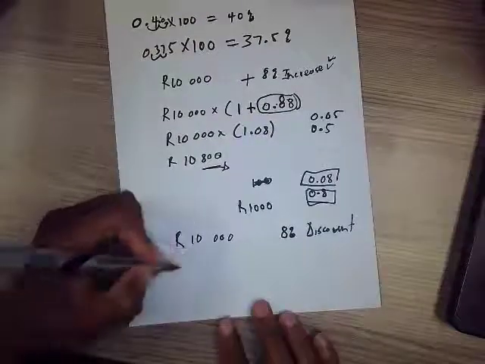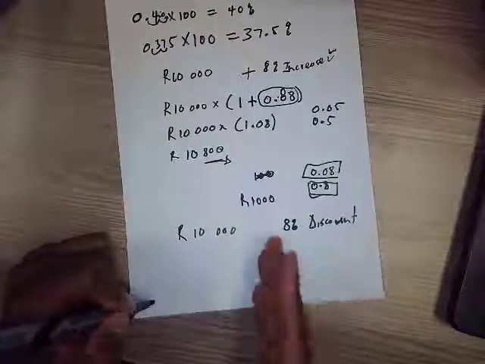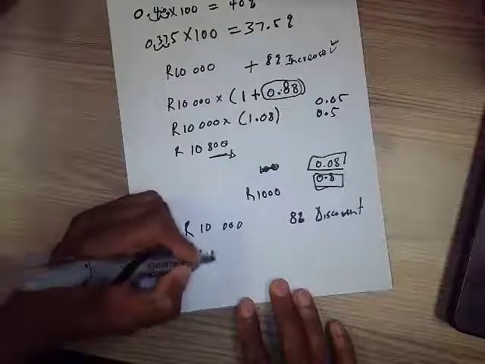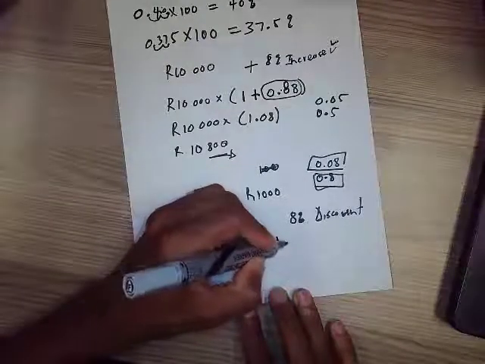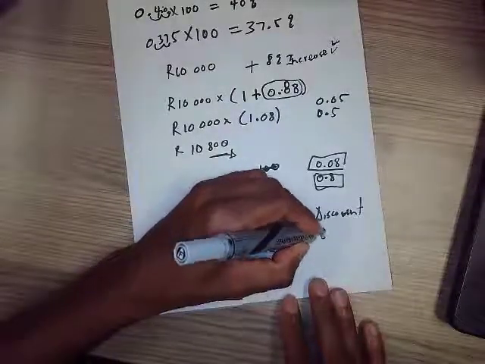So if you get an 8% discount off 10,000 rand, this is what you do. You take 10,000 rand, same formula, multiply by 1, but this time it's a minus, meaning off 8%, 0.08.